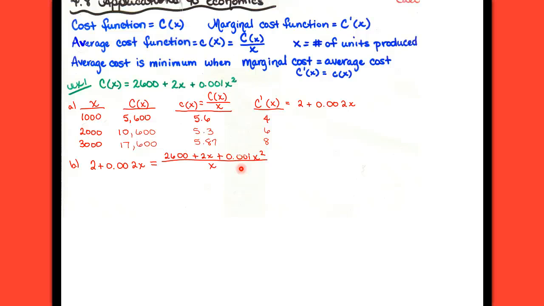All right, let's multiply both sides by x. And then I'm going to start trying to get all my x's on one side and all my numbers on the other side, right? So when I subtract that 2x from both sides, it drops out.